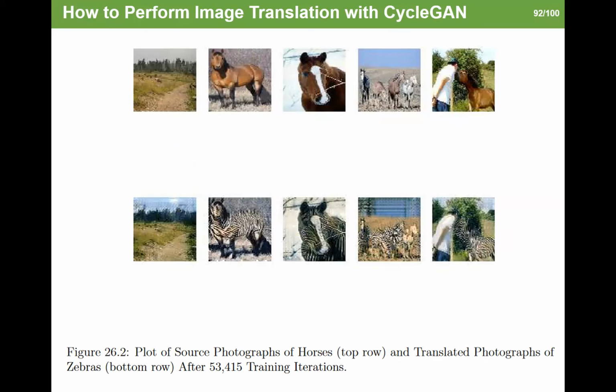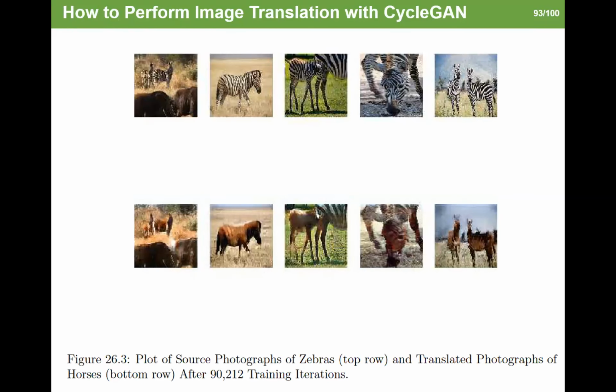This is horses on the top row, and then translated on the bottom row, where it tried to turn the horses into zebras. This was after 53,000 iterations. So it takes a very long time to train like this, and you need a very fast GPU.